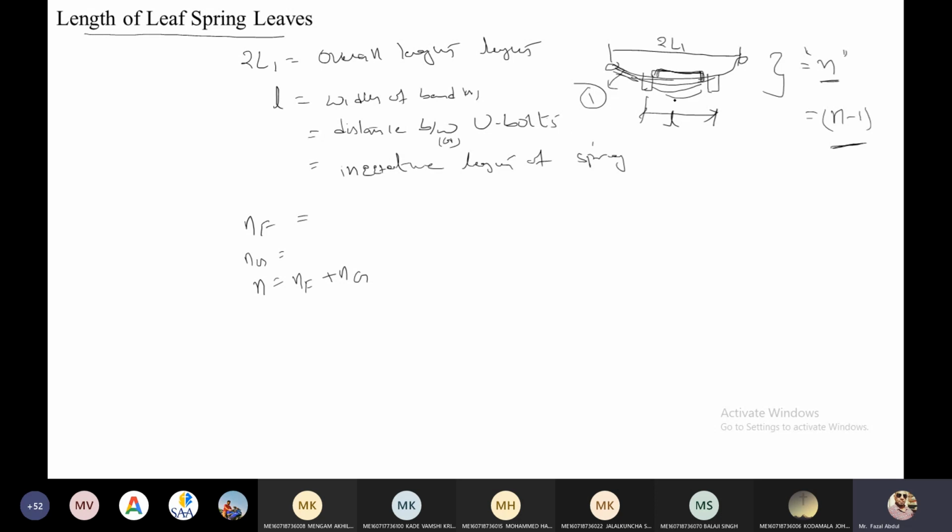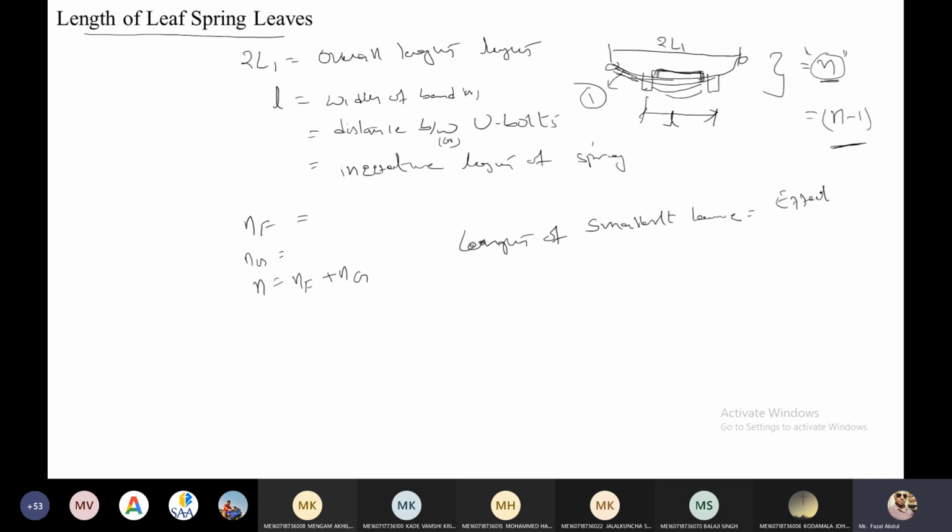Now length of the smallest leaf. So which one is the smallest leaf here? So based on the n value, the length of the smallest leaf is effective length.